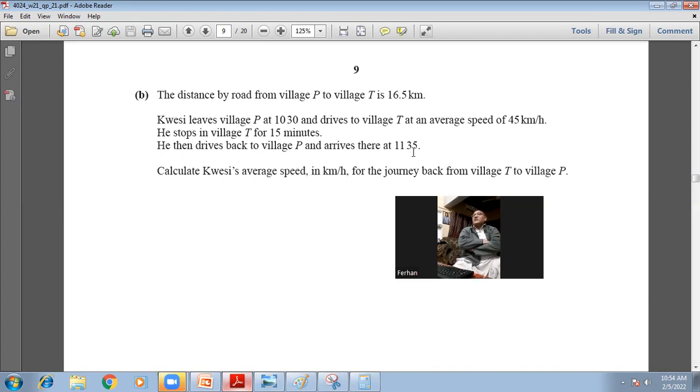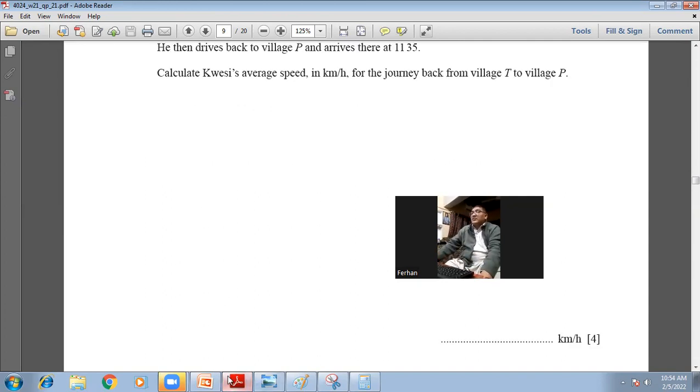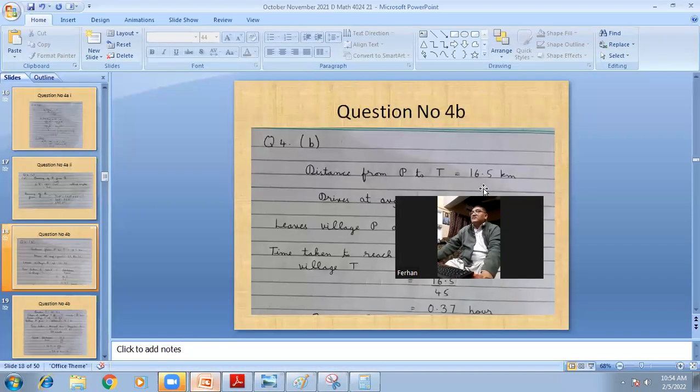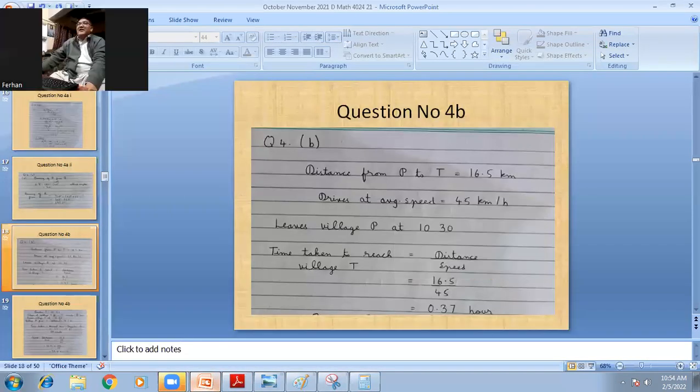But he wants average speed. So I can tell what is the time taken for the journey in which they were coming back. Let me show you. This is a 4-mark question. Any part which is 4 marks means something.